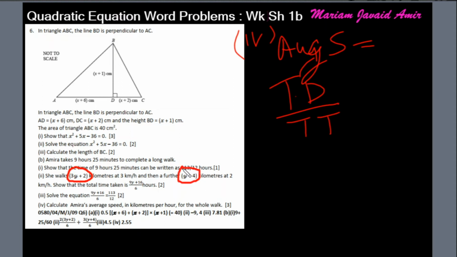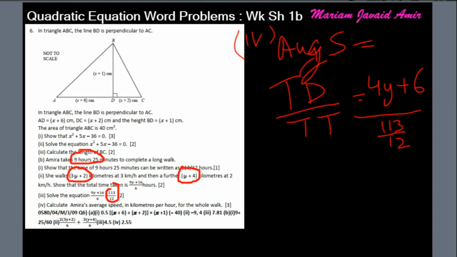The total combined distance is the sum of these, so 4y plus 6 is the total distance. The total time Amira takes is 9 hours 25 minutes, which in hours is 113 over 12. So just write 113 over 12 over here.